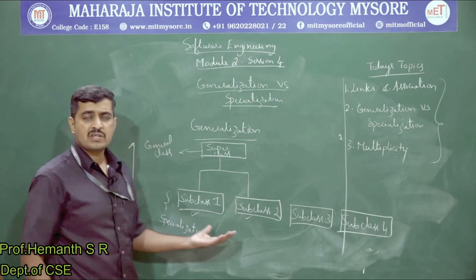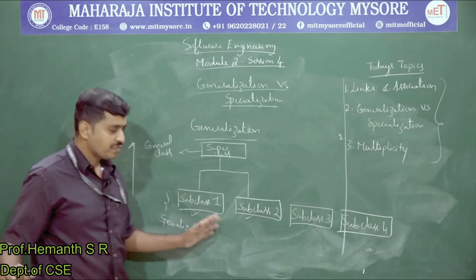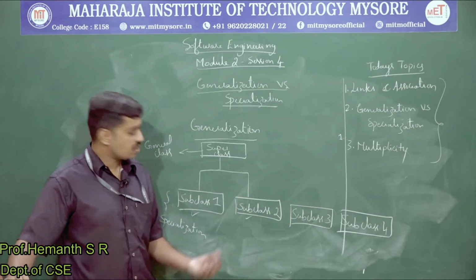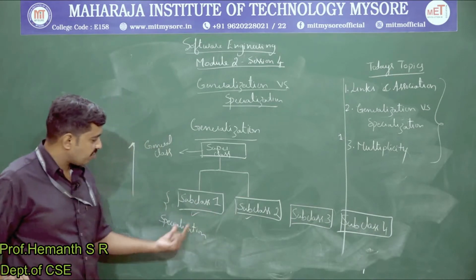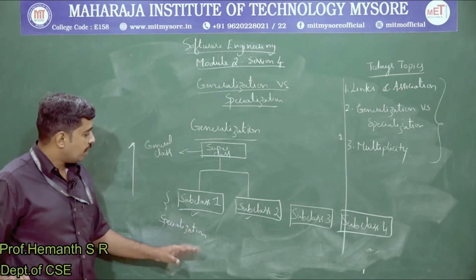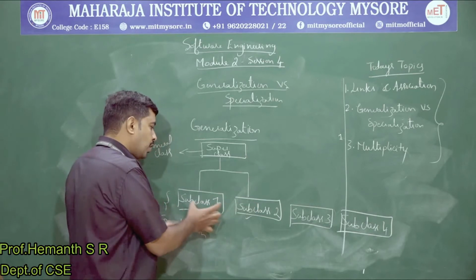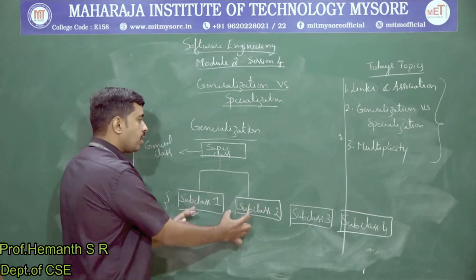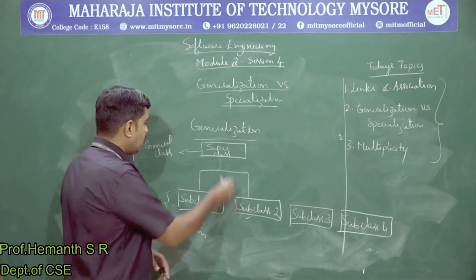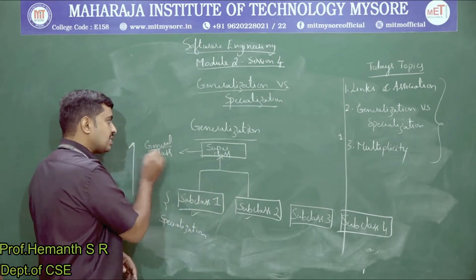Each subclass had its own specific attributes and functions. That is the reason we call it specialization. And from specialization, we have chosen a few attributes which were common between the subclasses and we have come out with a superclass, and that is a general class.